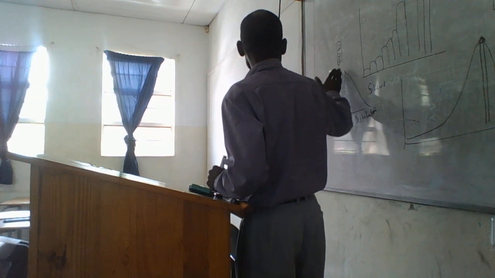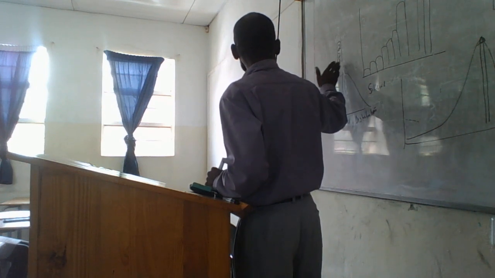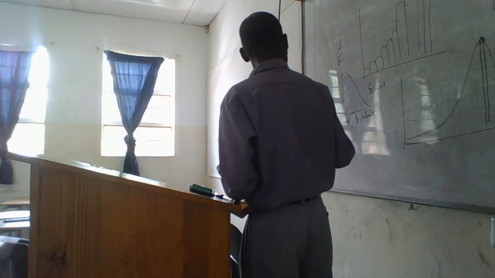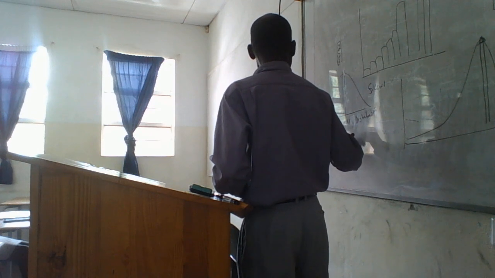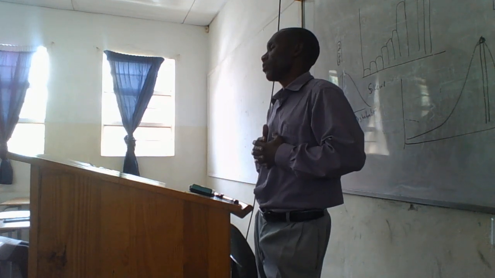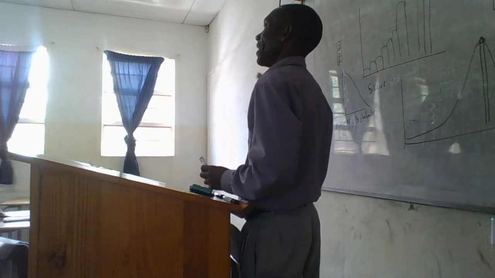So when you find the mean, mode and median and discover that they are just the same, that is what is called symmetrical. We call it symmetrical, or sometimes a normal distribution. So normal distribution comes in because the mean, mode and median are the same.